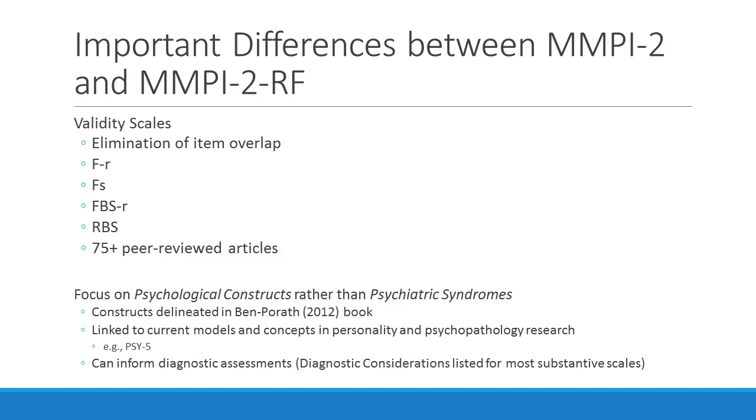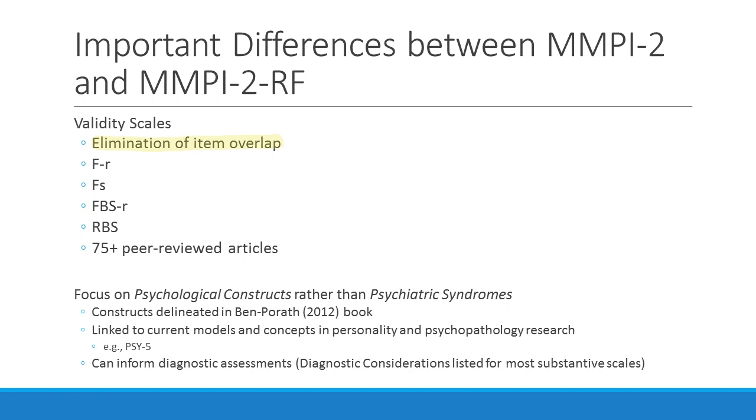There are a couple of important differences between the MMPI-2 and the MMPI-2-RF that I want to briefly cover, and this is mostly for those of you who are familiar with the MMPI-2 and may have used the MMPI-2 in forensic evaluations. The first important difference to keep in mind is the validity scales. Even though they are, at the surface, revised versions of their MMPI-2 counterparts, at least some of them, there are some important differences to note.